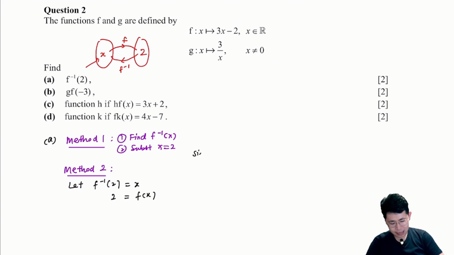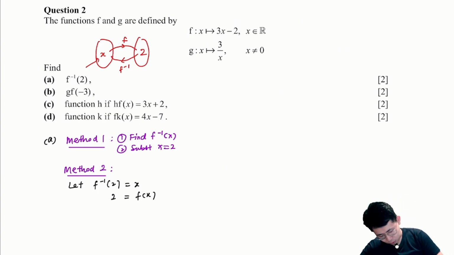It is like sine theta equals half, so theta equals sine inverse of half. Making use of the inverse, I just need to solve for fx, and I don't even need to find the whole expression for f inverse. So this is technically a faster method.